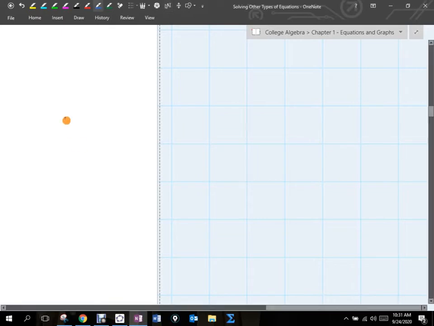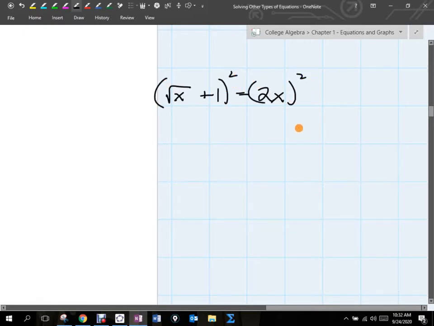Okay? What I mean by that, let's say that I start with something like, I'll just do a real easy one here, like radical x plus 1 equals like 2x. Okay? If I ask you to solve that, but you incorrectly just start squaring right away. If I square that and square that, a lot of people are going to get 4x squared on the right-hand side.